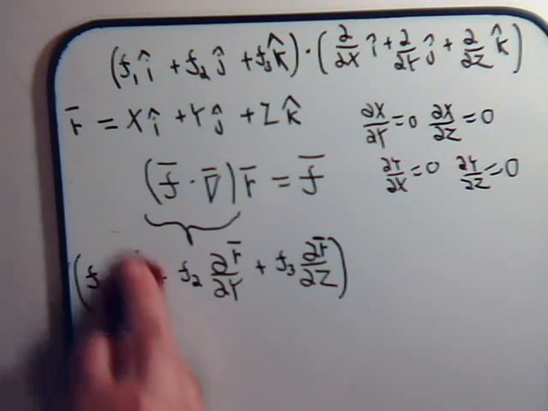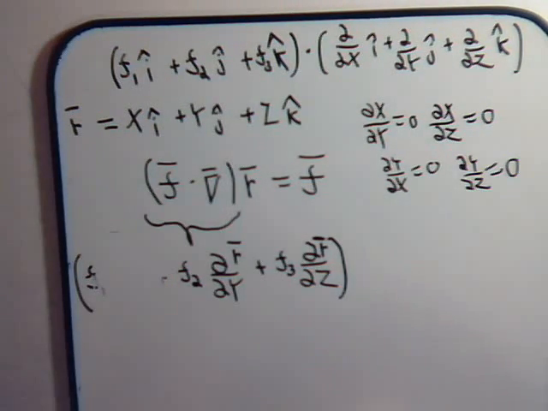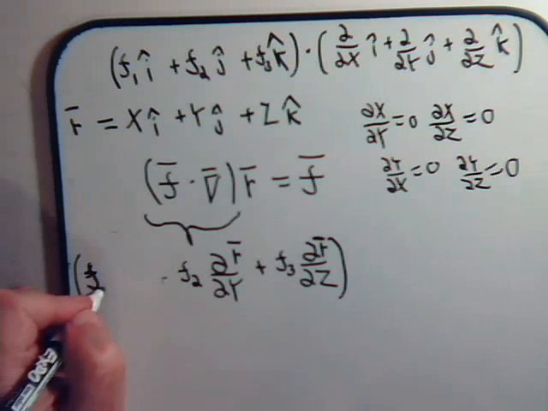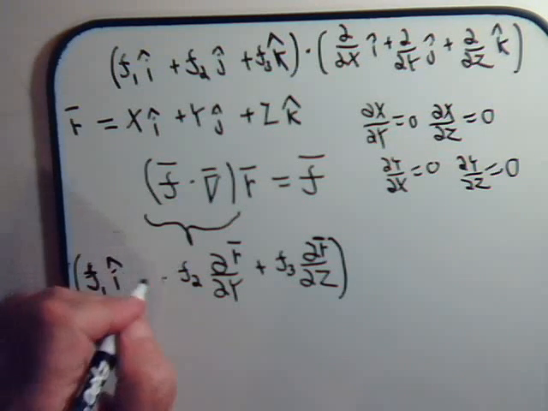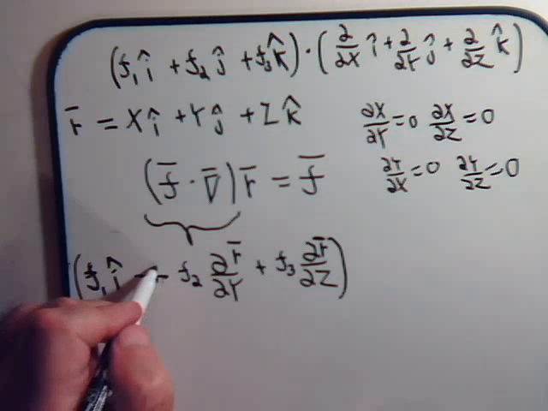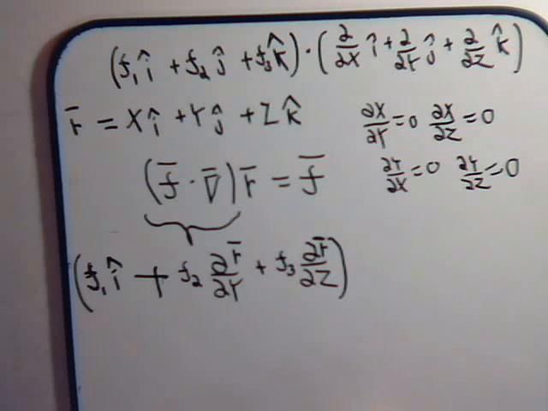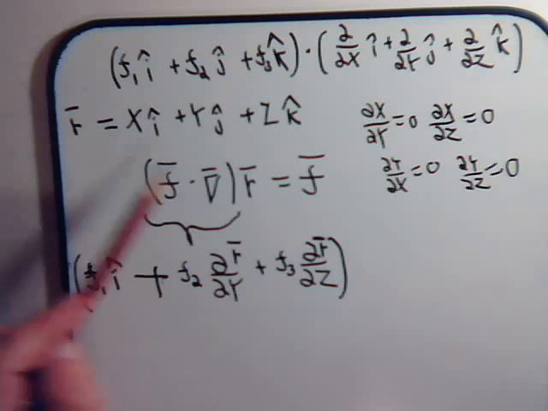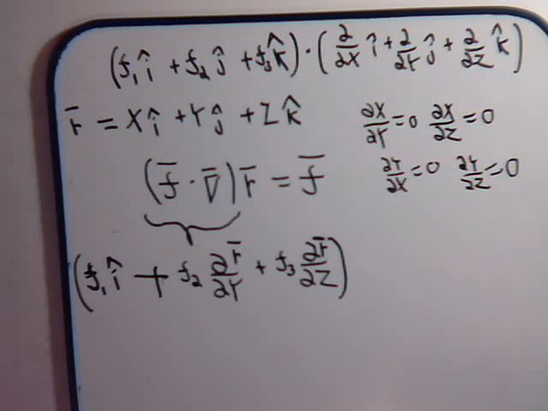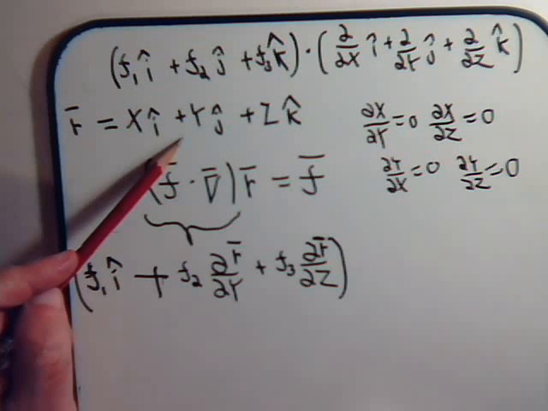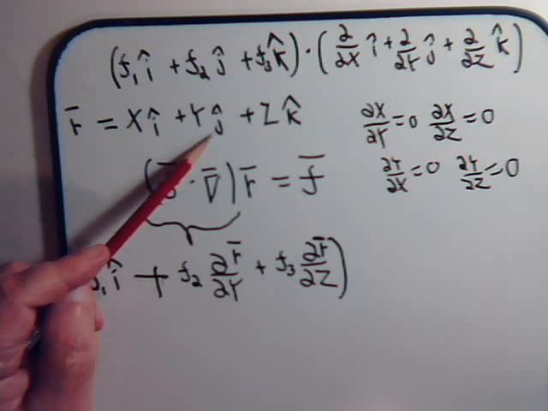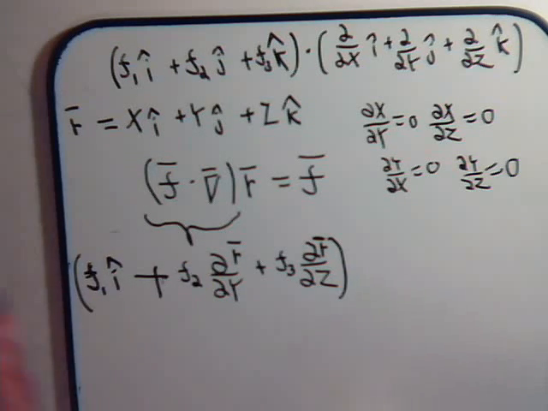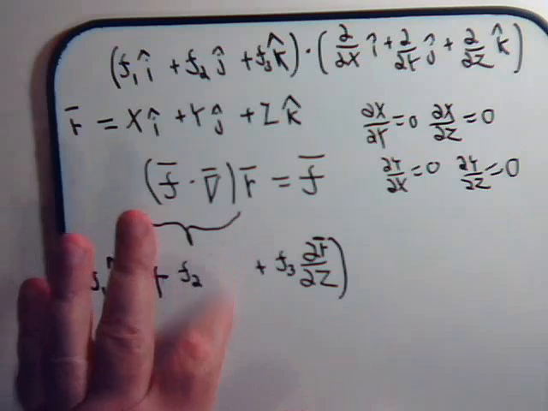So let's write it in. This is F sub 1. Then we have plus F sub 2, the partial of the position vector with respect to y. Well, this is going to be 0, the partial of x with respect to y. The partial of z with respect to y is 0. The partial of y with respect to y is 1. So we have 1 times j. So this is going to give us the unit vector j.